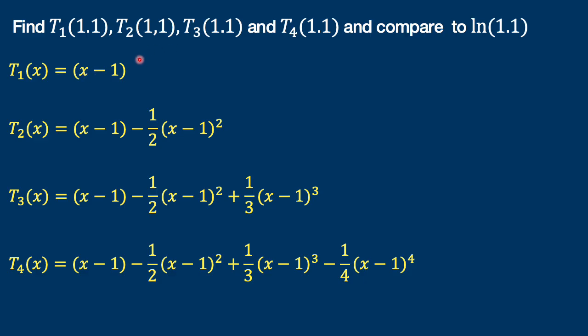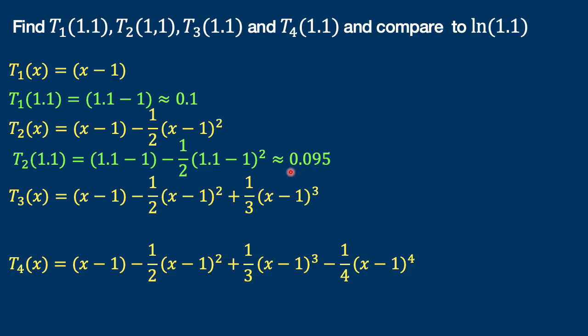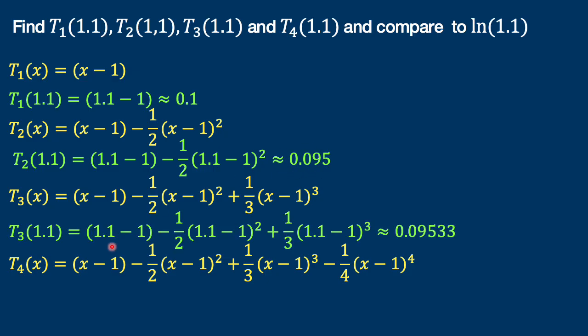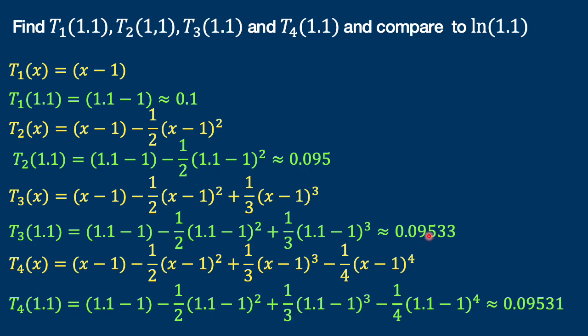Now you're going to find T1 of 1.1 by plugging in 1.1: this is going to be 0.1. T2 of 1.1 is going to be 0.095. T3 of 1.1 is going to be 0.09533. T4 is going to be 0.09531. When you find ln 1.1, it is going to be about 0.09531.